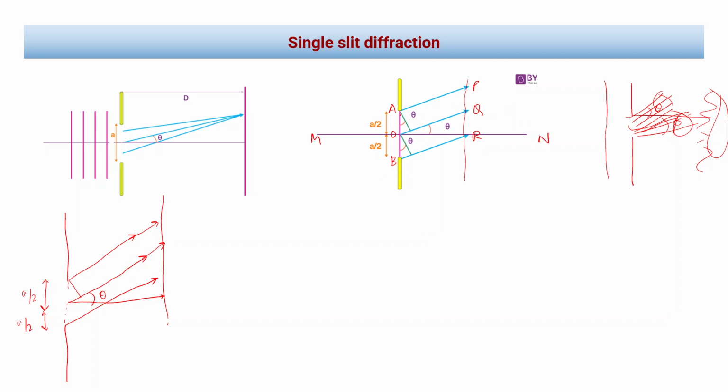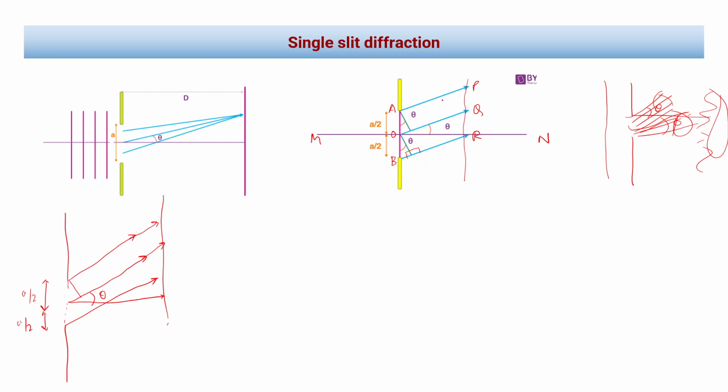Now this OQ ray is parallel to the BR ray, right? That means the perpendicular that I'm dropping on this BR is making 90 degrees.